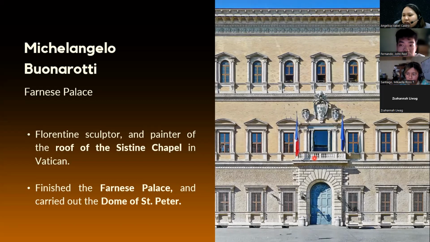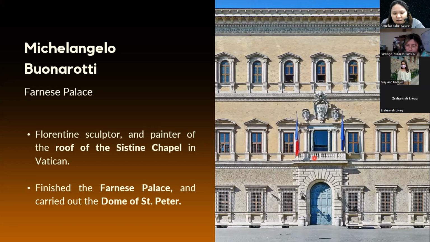Michelangelo also worked on the Saint Peter. Tama ba ako, Mayan? Yes po, ma'am. Si Michelangelo also worked on the Saint Peter. And he was also the one who did the painting sa roof ng Sistine Chapel.